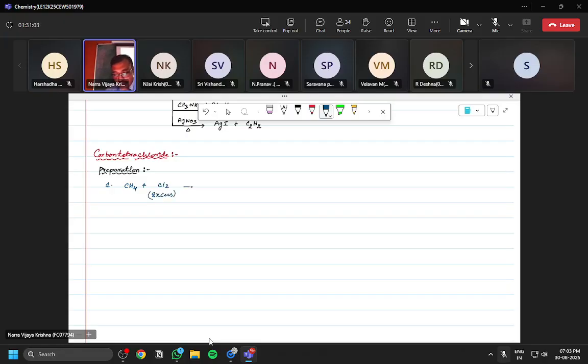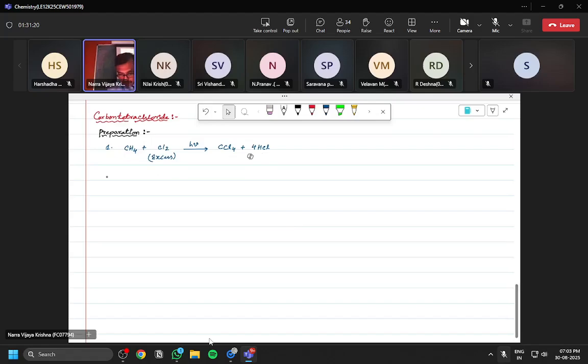A radical mechanism. An explosive reaction, correct? So the product will be CCl4. If methane is in excess, CH3Cl will be major. Next, second reaction. Carbon disulfide, CS2, with chlorine in the presence of AlCl3. Then you will get carbon tetrachloride plus S2Cl2.